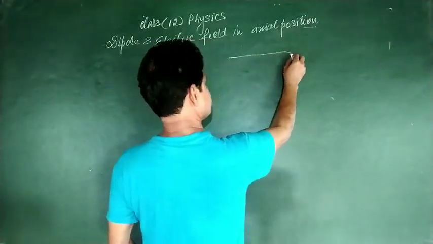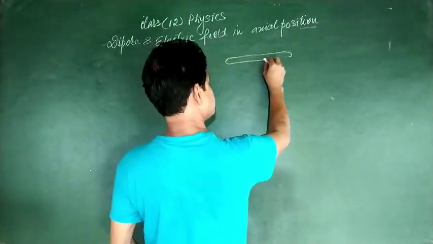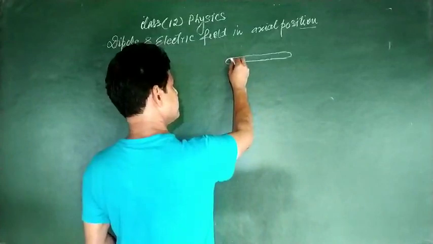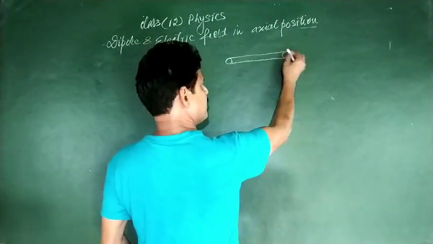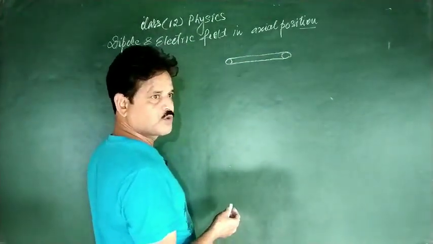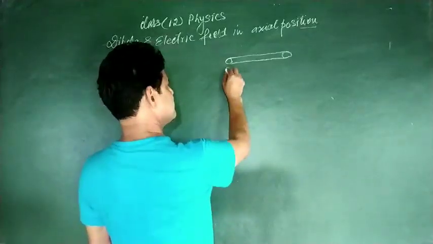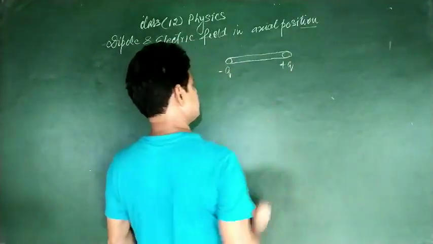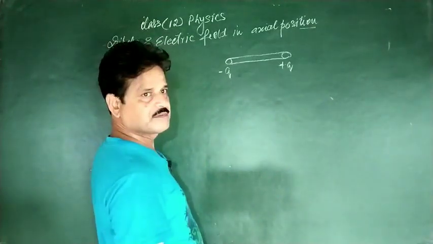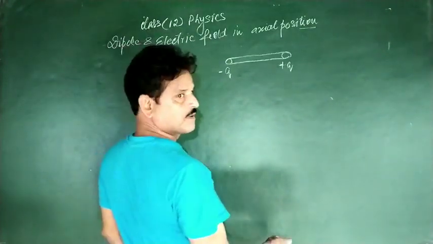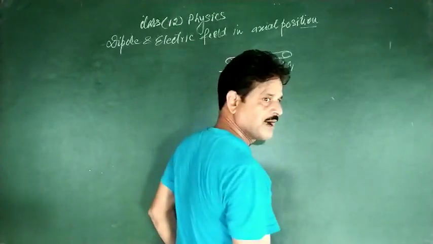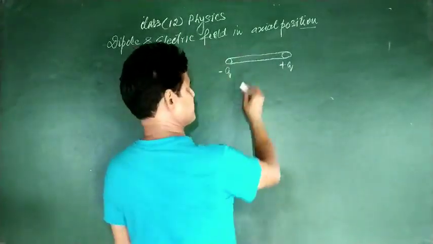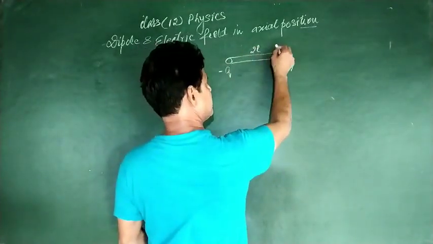When a system is taken having equal magnitude of charges but opposite in nature, and placed at a very small displacement, that is 2L.